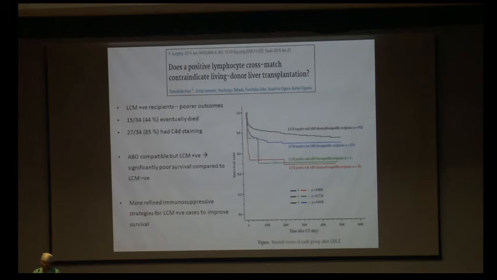Interestingly, the survival was least with cross-match positive but ABO identical patients. But this is one reported study. This was not replicated. It has been 10 years. People have been trying to match recipient and donor, but there is no conclusive data till now.